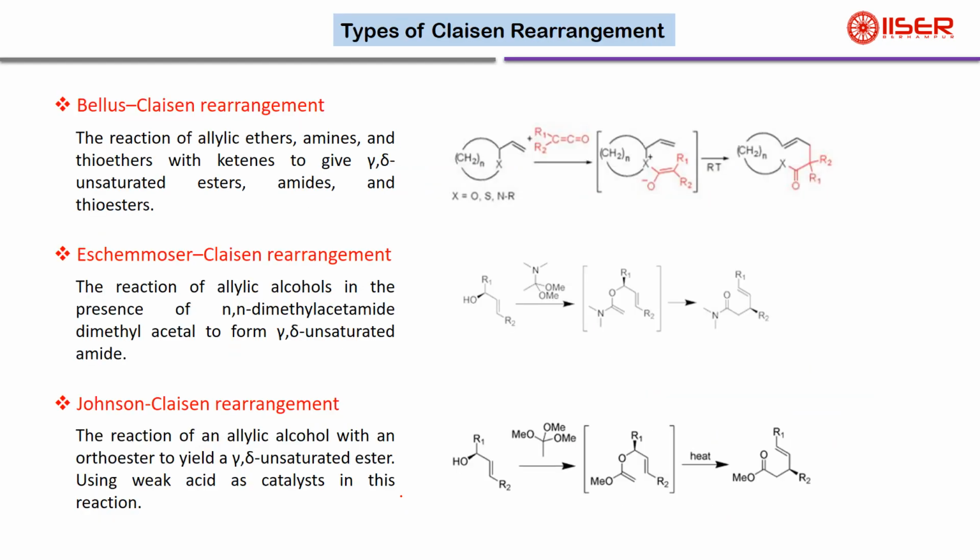Next is Bellus-Claisen. What is Bellus-Claisen? The reaction of an allylic ether, amine or thioether with a ketene type of compound is called Bellus-Claisen.